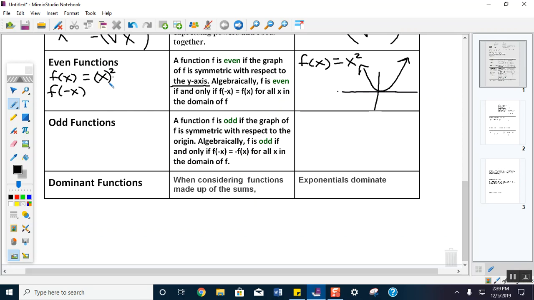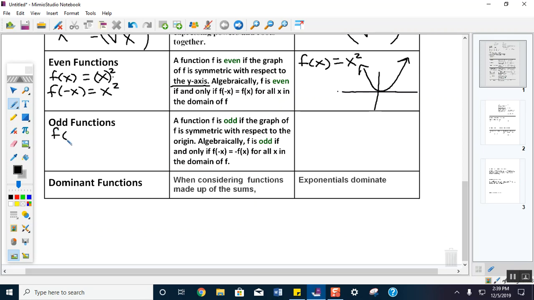So are f of x and f of negative x equal in this case right here? So if they're equal to each other, then algebraically that's what it means to have an even function. And we'll talk more about examples like that as we get through the notes here, okay? But just really the two keys: f of x has to equal f of negative x in order for it to be even. That's how you would show it algebraically. Graphically, symmetric about what? The y-axis, okay?